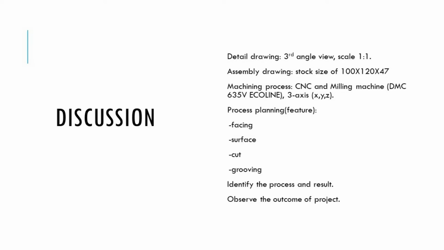From the process above, we produce a calculation for cutting speed based on the formula given for each feature. Meanwhile, to obtain the theoretical calculation, we use the spindle speed data based on the given formula. The tools we have used for the whole process are flat end mill, face end mill, and ball end mill.